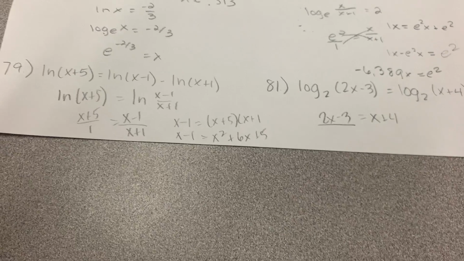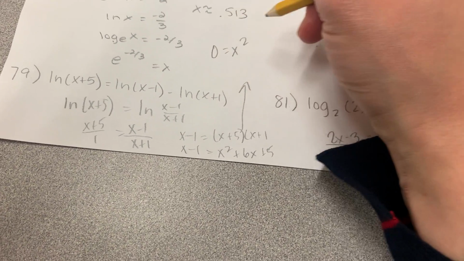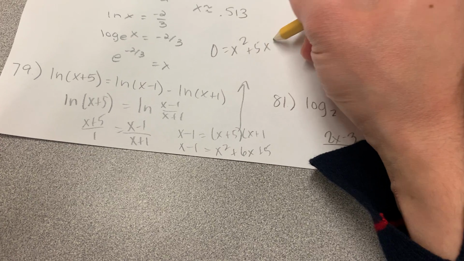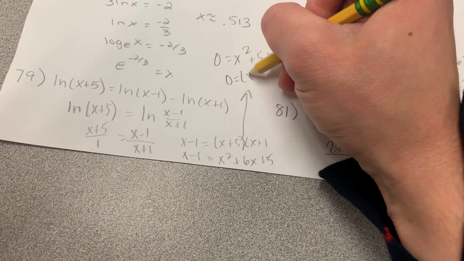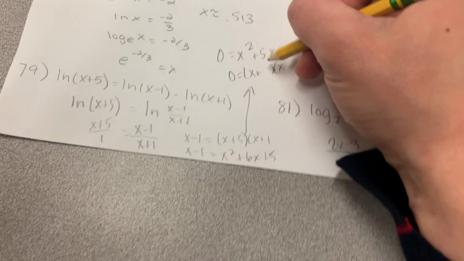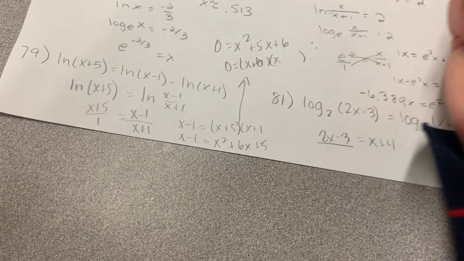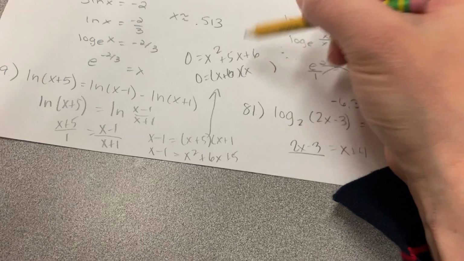In order to solve a quadratic, you need to move everything to one side, and you need to factor. Or use the quadratic formula. Yep, we're going to have to use the quadratic formula because, oh no, we won't.